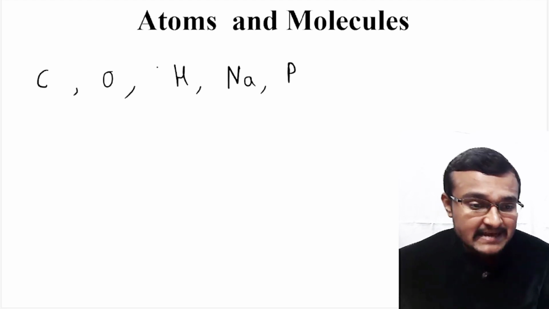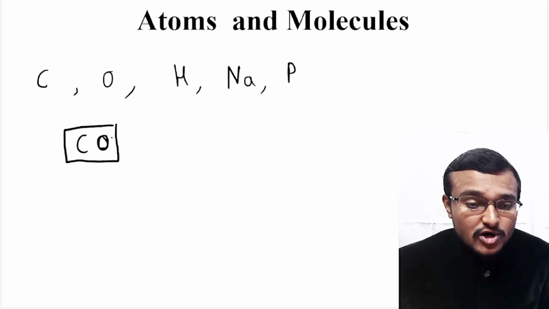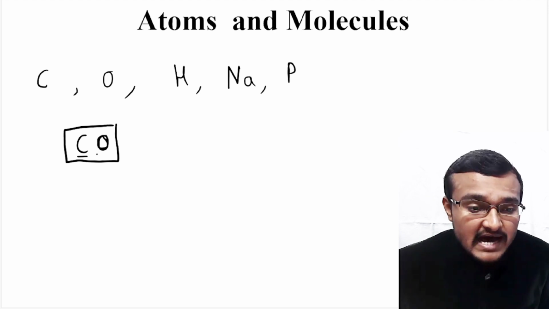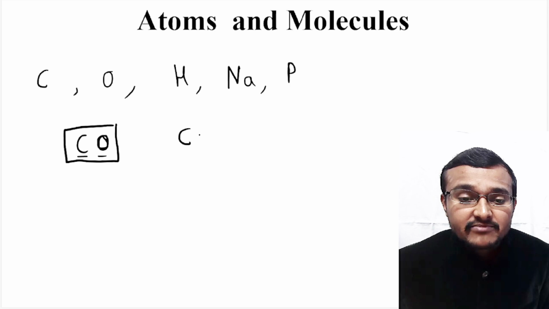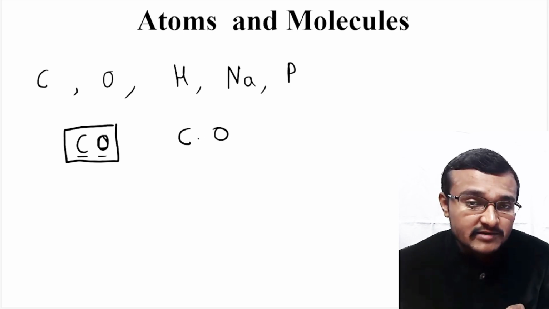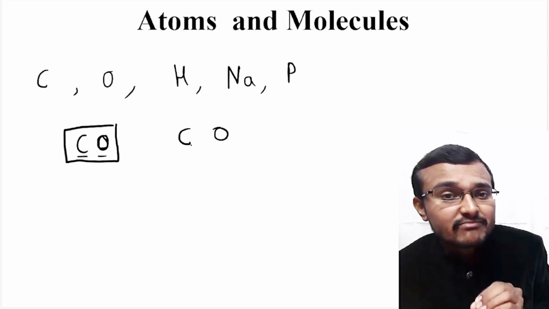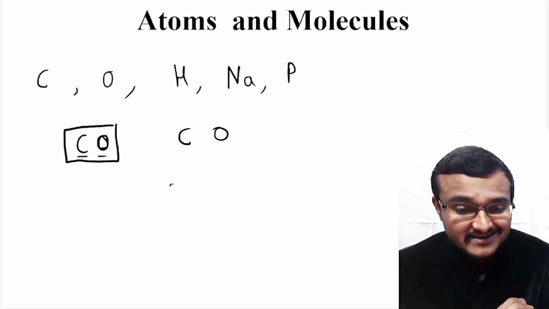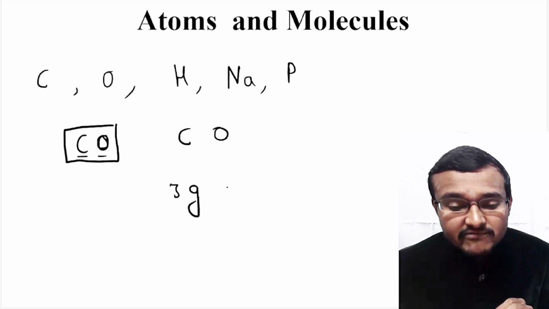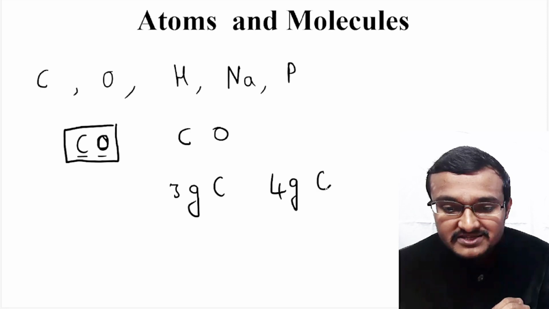So for example, if you consider carbon monoxide gas, so carbon monoxide is actually made up of carbon and oxygen. So one atom of carbon combines with one atom of oxygen. So this actually forms carbon monoxide. Here, carbon to oxygen mass, if you actually calculate, experimentally it was found that 3 gram of carbon mixed with 4 gram of oxygen.